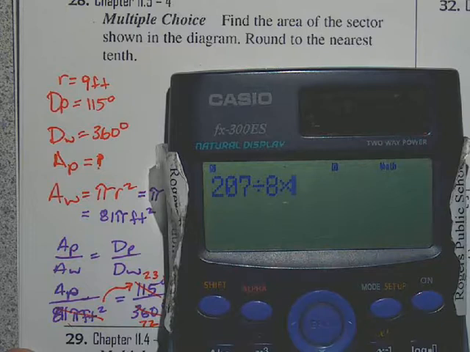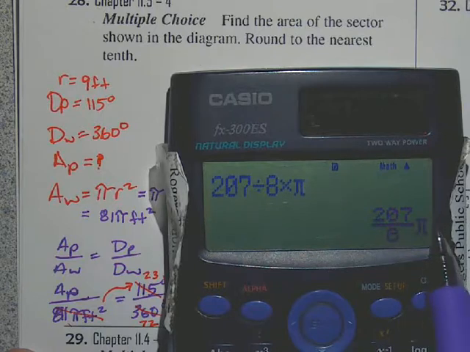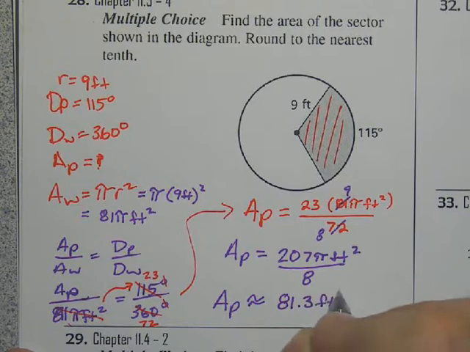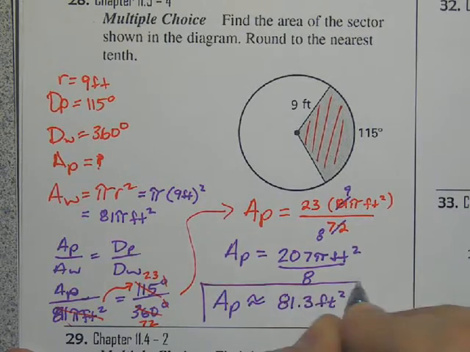The 207 on top, the 8 on the bottom, and the pi on the outside being multiplied. So I'm going to change that. It's 81.29, and it said to the nearest tenth, so it's 81.3 square feet. Good.